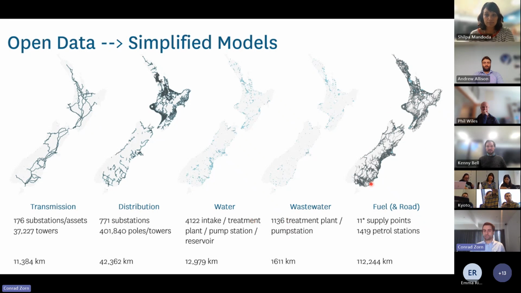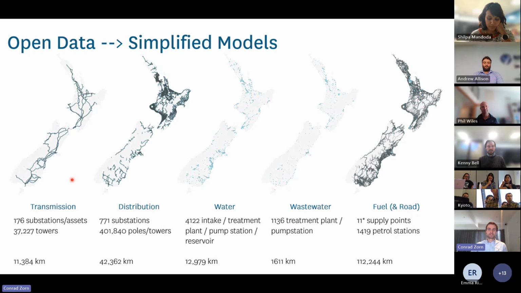Some of these networks are modeled quite straightforwardly. Fuel supply, for example: you've got a supply point, you've got a destination, origin-destination. Is there a connection between those two? Yes or no? It's like a simple accessibility problem. Whereas you get down to the far end with transmission and electricity, where we need to use things like power flow models because it becomes very sensitive.